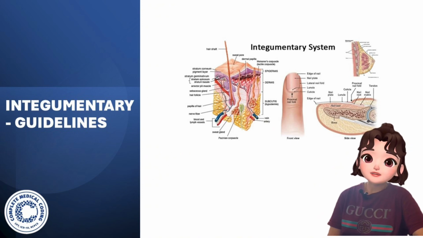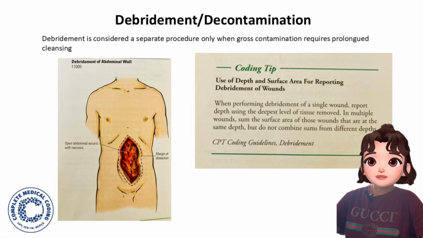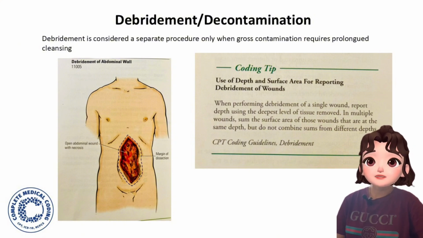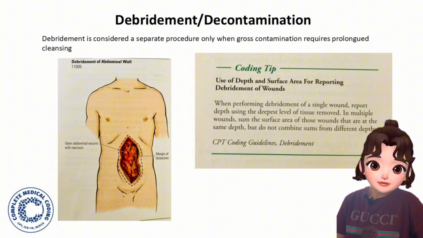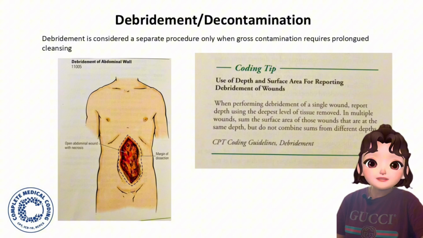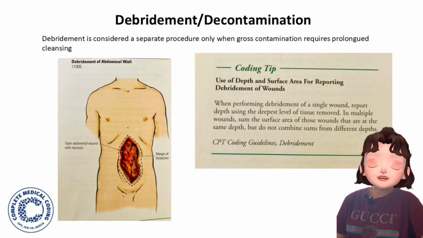So let's look into the guidelines. First, let's go with the debridement. Debridement or decontamination, this is another word for debridement. And when is the debridement considered as a separate procedure?